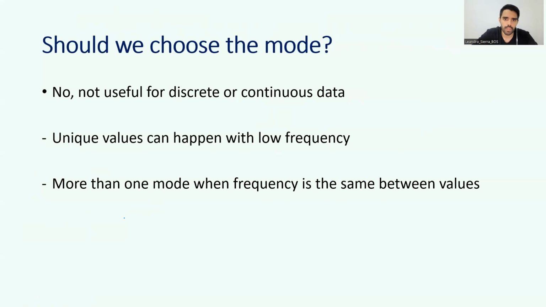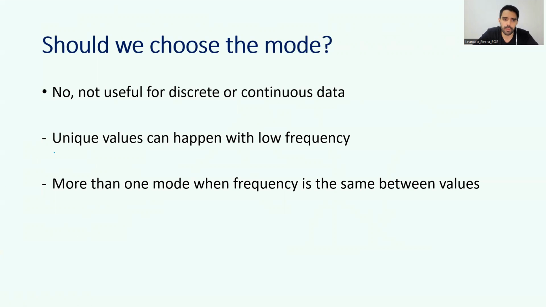right? So why don't we choose the mode if it is not changed by the outliers? It's pretty obvious, but it's not useful. I thought about two reasons why, but you can add more in the posts.